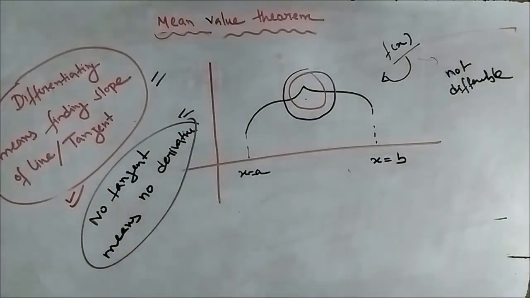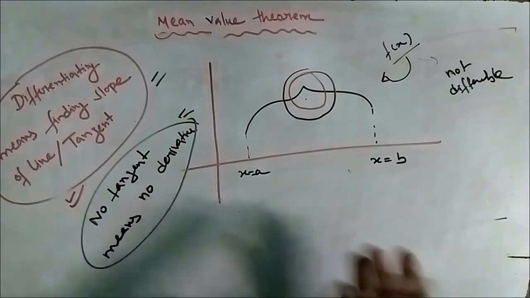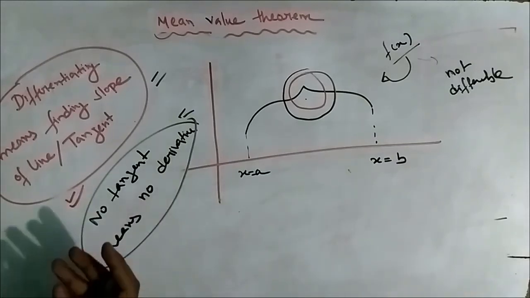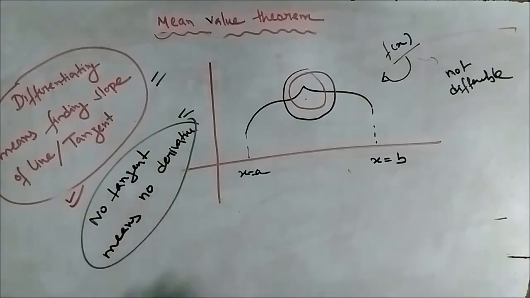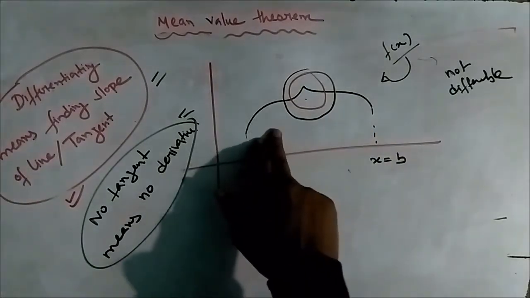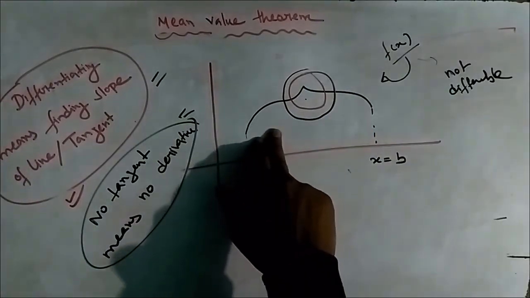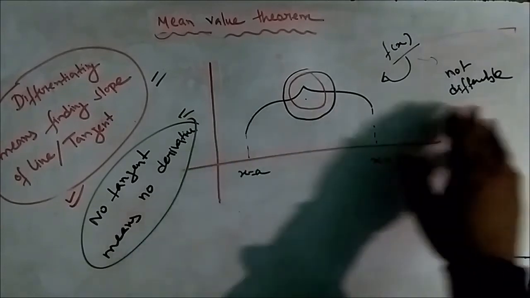Please learn these two key things. First, differentiation means finding the slope of a line. If we can draw the tangent, we can find the slope, and then we can say the function is differentiable. But if we cannot draw it, we cannot find the slope, so we cannot say the function is differentiable. If we find any single point in this graph where we cannot draw the tangent, then the function is not differentiable.